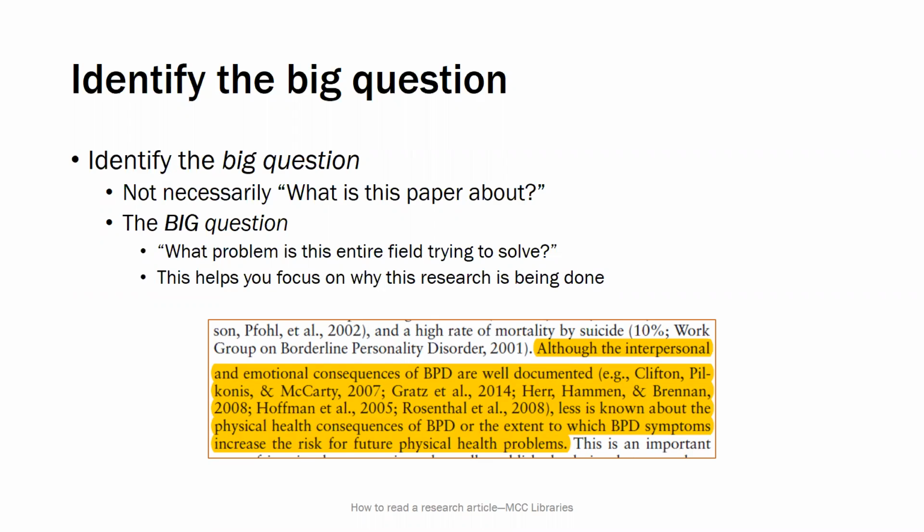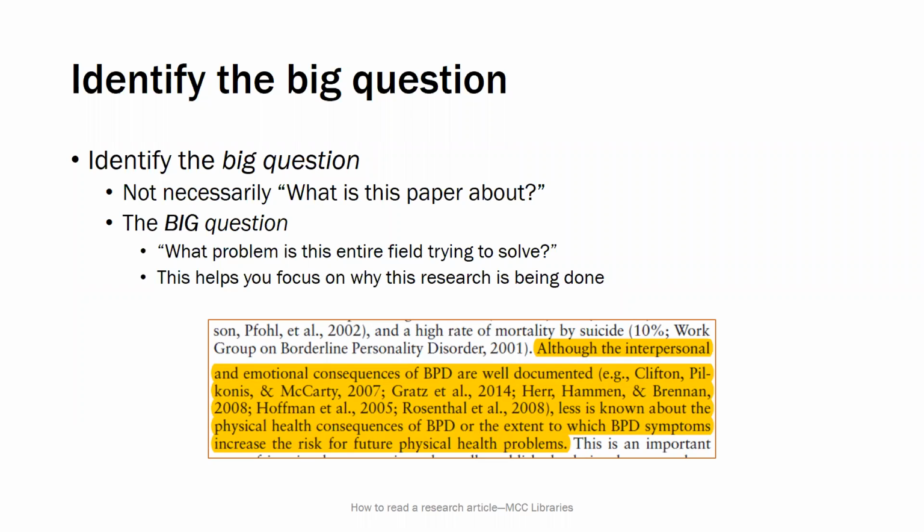So we have talked about the different parts of the article, and we've talked about some things that we're going to need to do before we actually start reading. Now we are getting into the systematic process of reading the research article. So we're talking about the big question. And again, the big question is, what is the field as a whole trying to solve?